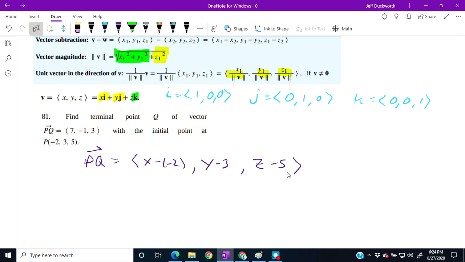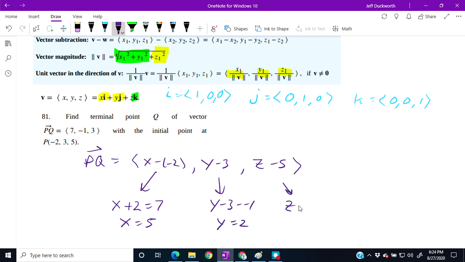That's what our PQ is going to be, but we already know the values for that. So for this first one, x plus 2 equals 7, which means x equals 5. Y minus 3 has to equal -1, which means y equals 2. And finally, z minus 5 equals 3, which means z equals 8.